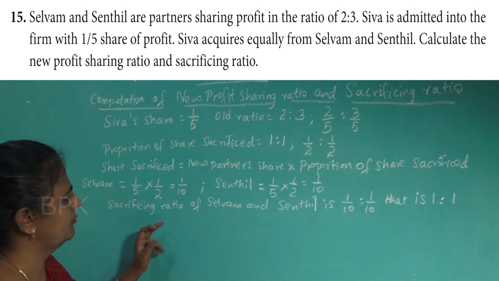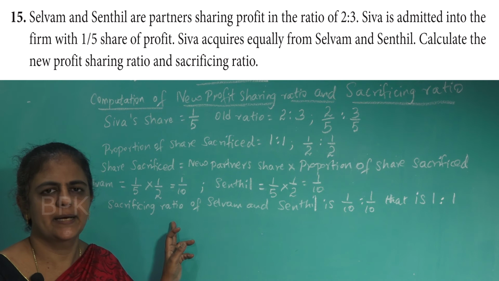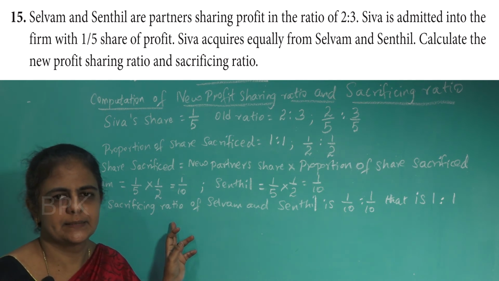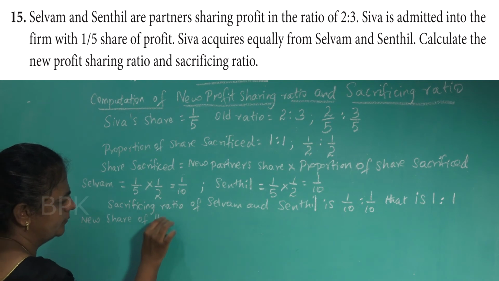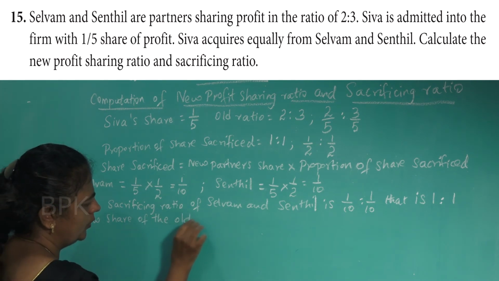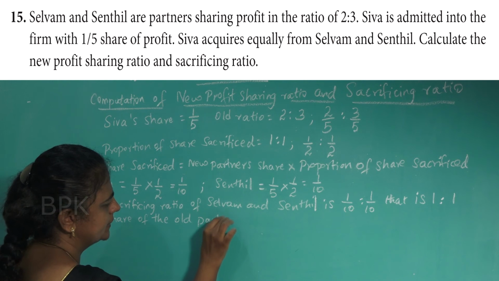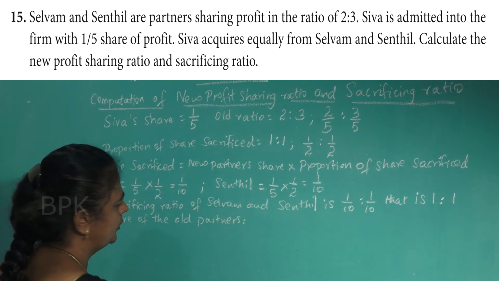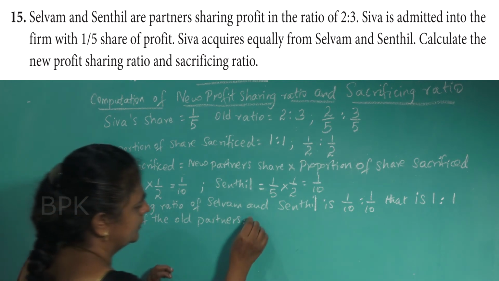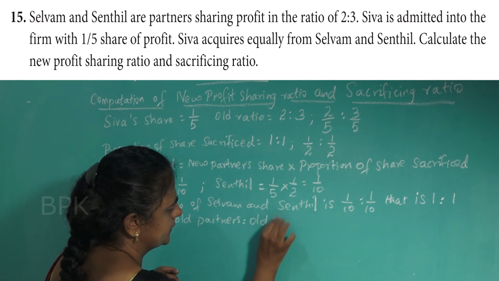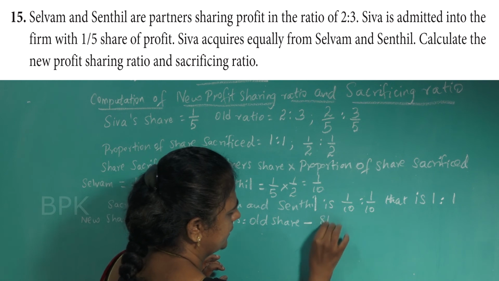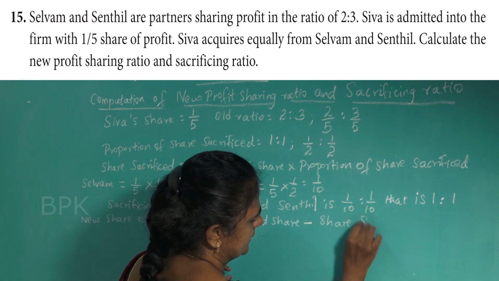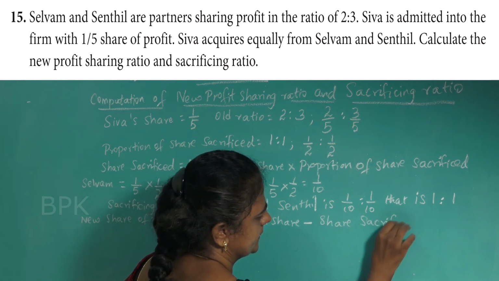Now what you have to find out? You have to find the new share of the old partners. New share of the old partners is equal to old share minus share sacrificed.